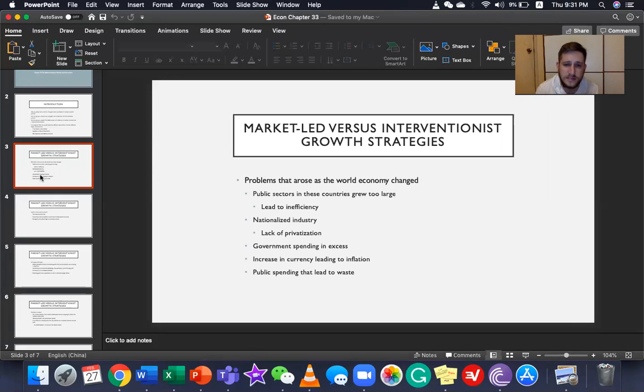The reason this was done is that countries grew to a point where the government was owning a lot of the factors of production, and that became problematic.